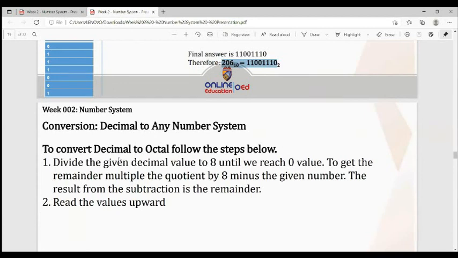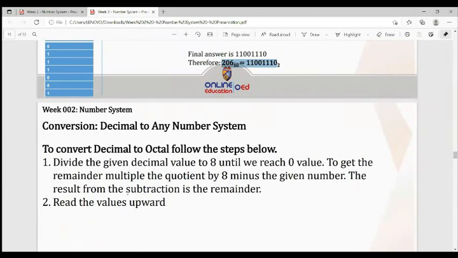Okay, so let's proceed with converting decimal to octal. So we will just follow these steps. Divide the given decimal value by 8 until we reach 0 value. So it's just like converting a decimal into binary, but instead of using 2 in binary, we will be using 8 for octal.